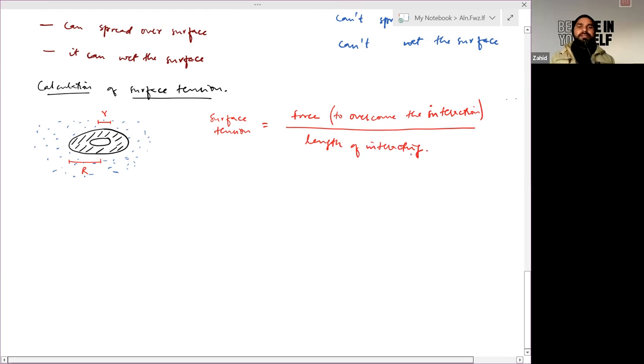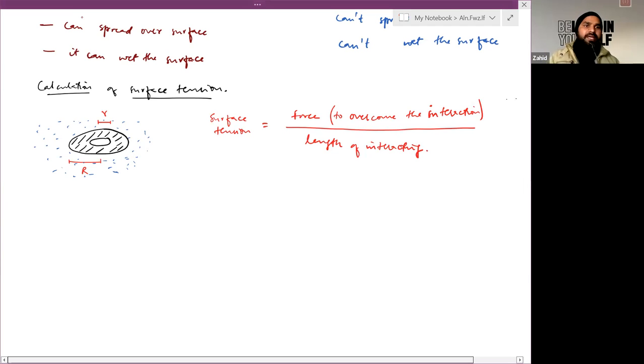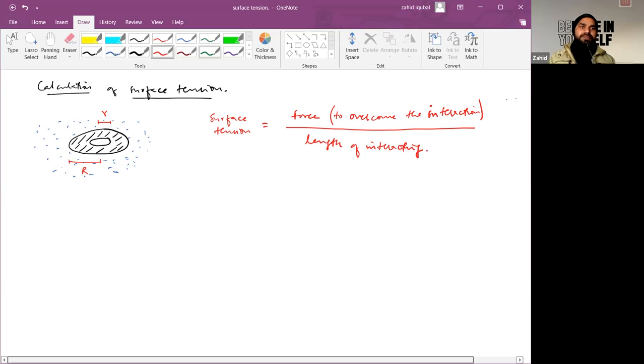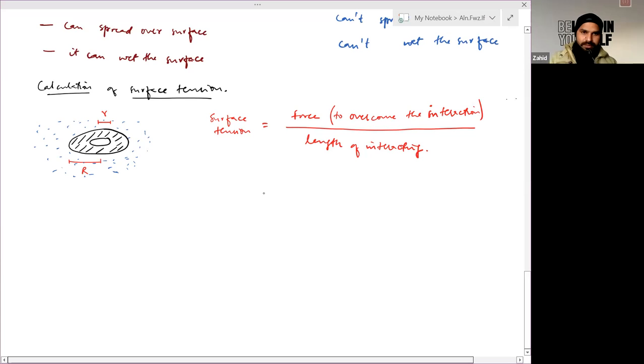So for this disk, we have two lengths of its interacting boundary. One is from the inner part and the other is the outer part.